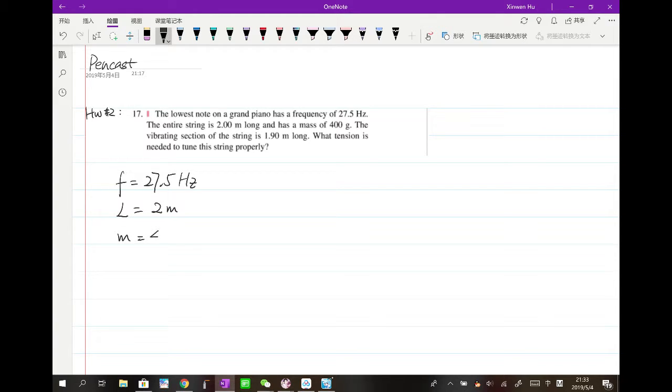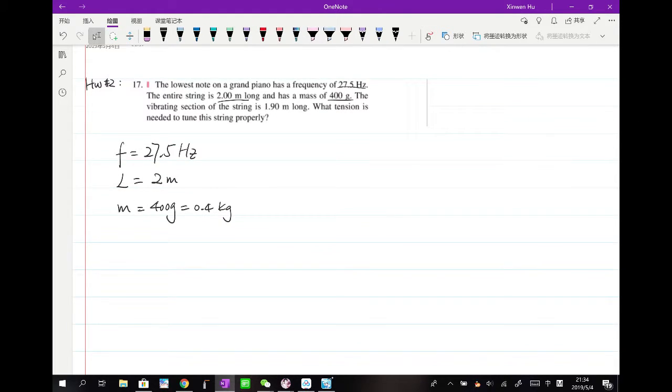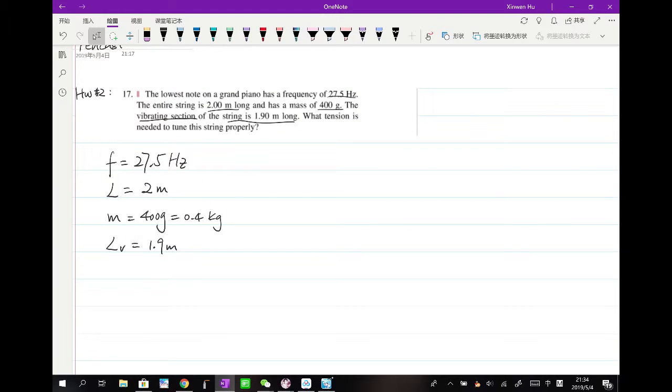Mass is 400 grams, which is equal to 0.4 kilogram. And also the vibrating section of the string, I say is LV in this problem, is 1.9 meter. This is the known part.